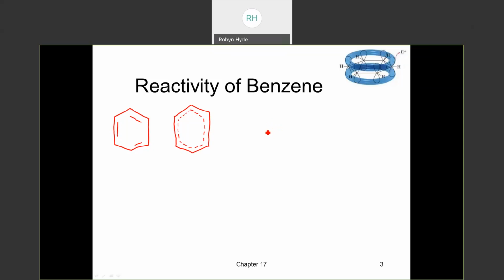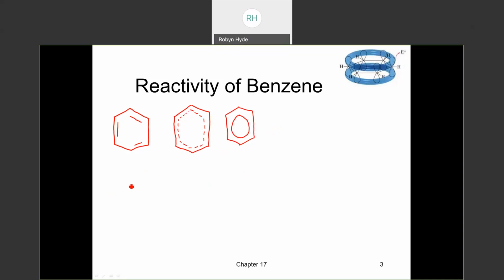So we represent the character best if we draw dashes all around. That is why it is very common to draw benzene simply with a circle in the middle, which also represents partial double bond character. So this is the key: our reactivity of benzene is low. It is just not very reactive.